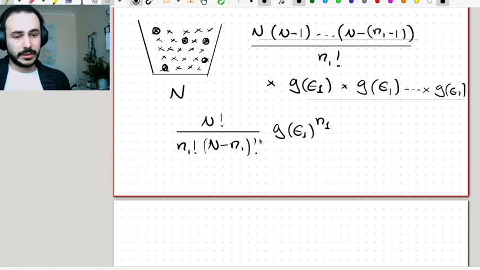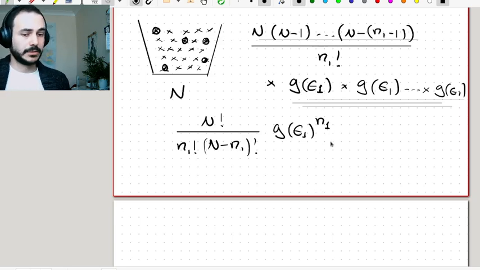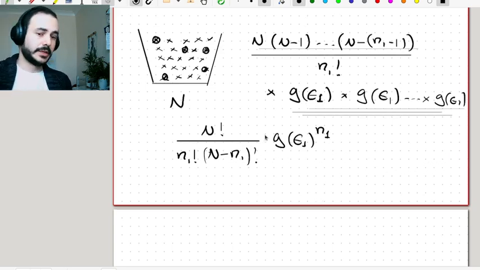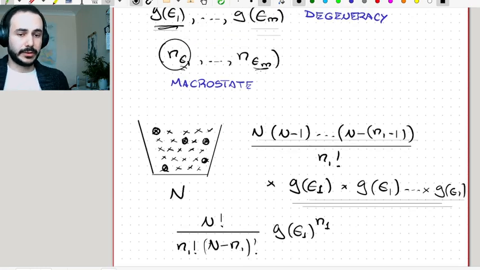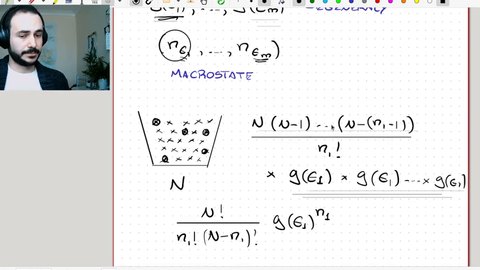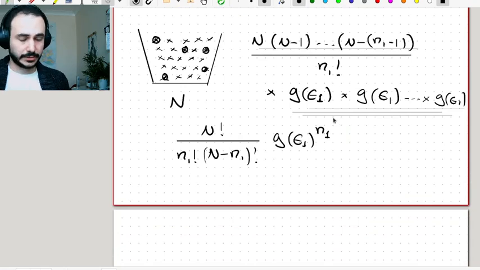But here, you know, the number of different states that we can throw our particles into is g_E2 to the power of n2. Okay, and we carry on doing that until we run out of different possible energies, just like we did in the previous lecture. Exactly the same thing.